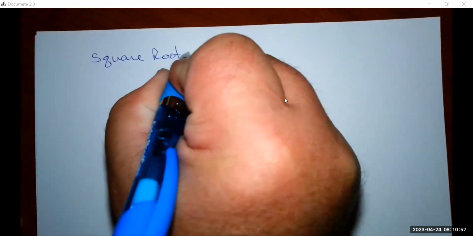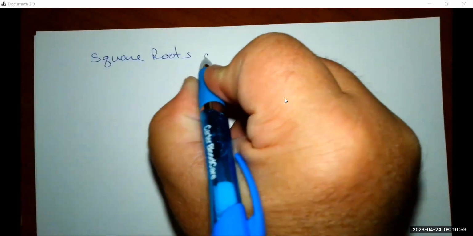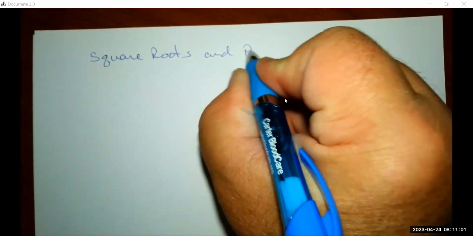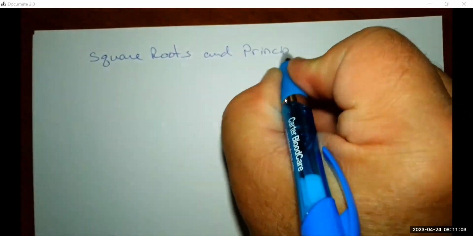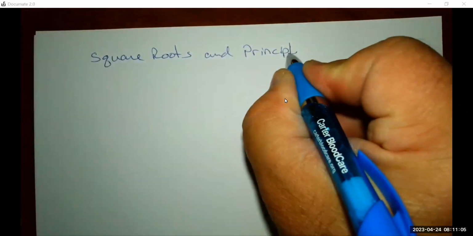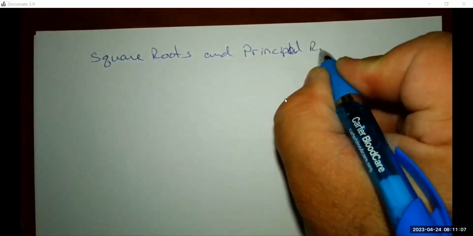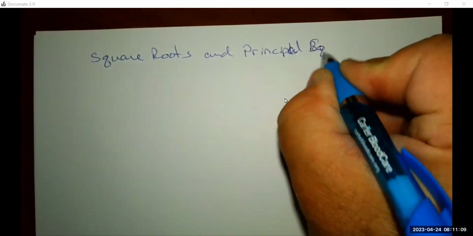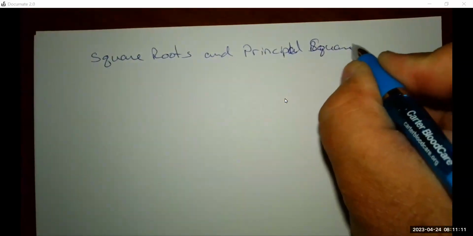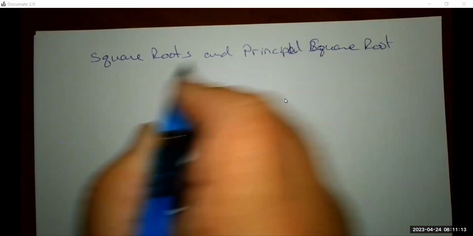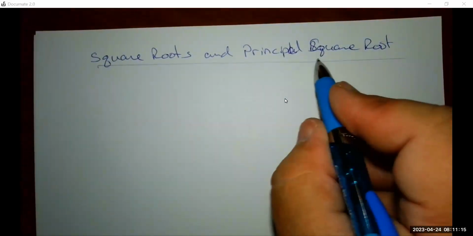All right. Let's look at where they came from, for an example of them. Square roots and the principal square root.